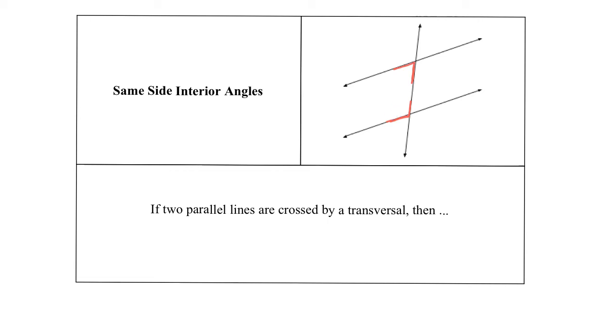That means they definitely cannot be congruent, so they must be supplementary. So if two parallel lines are crossed by a transversal, then same side interior angles are supplementary.